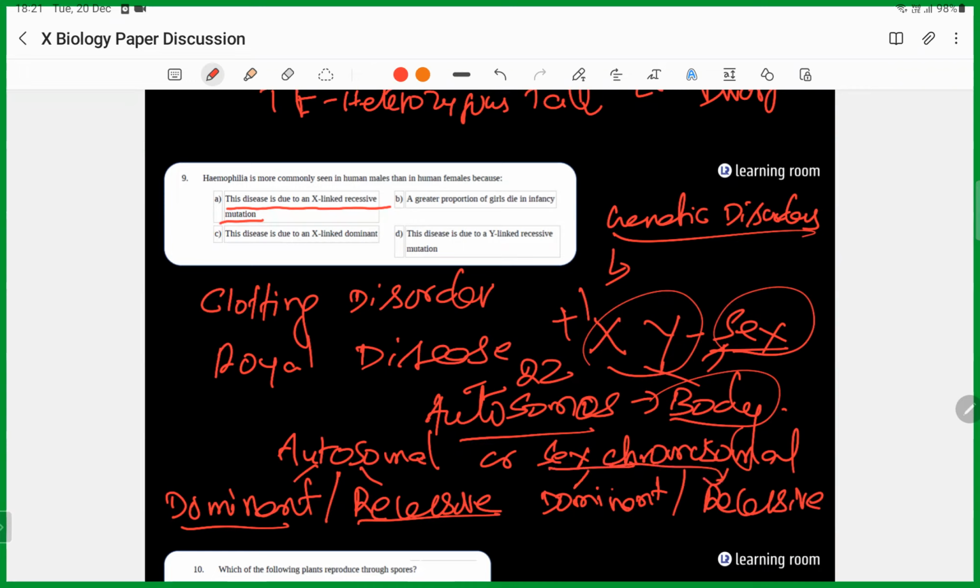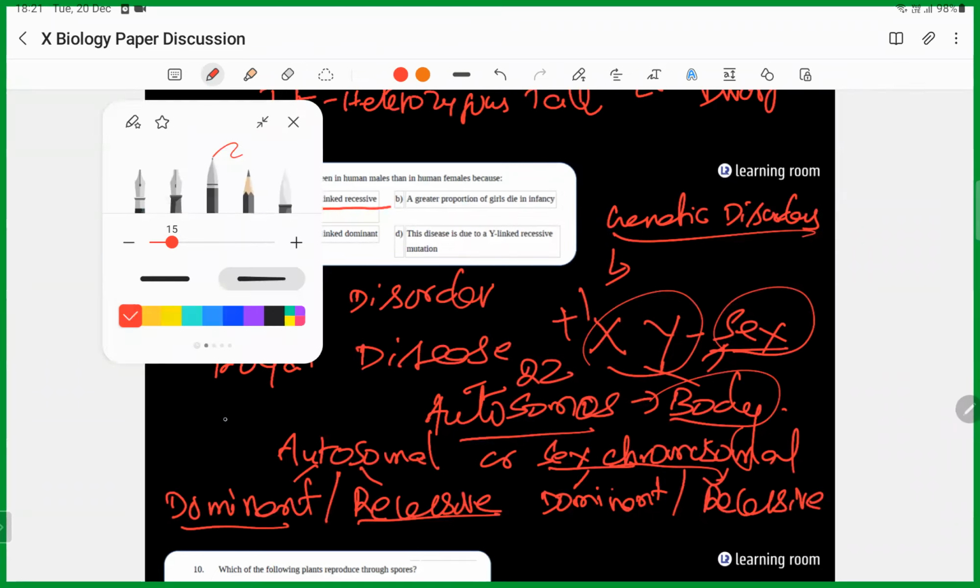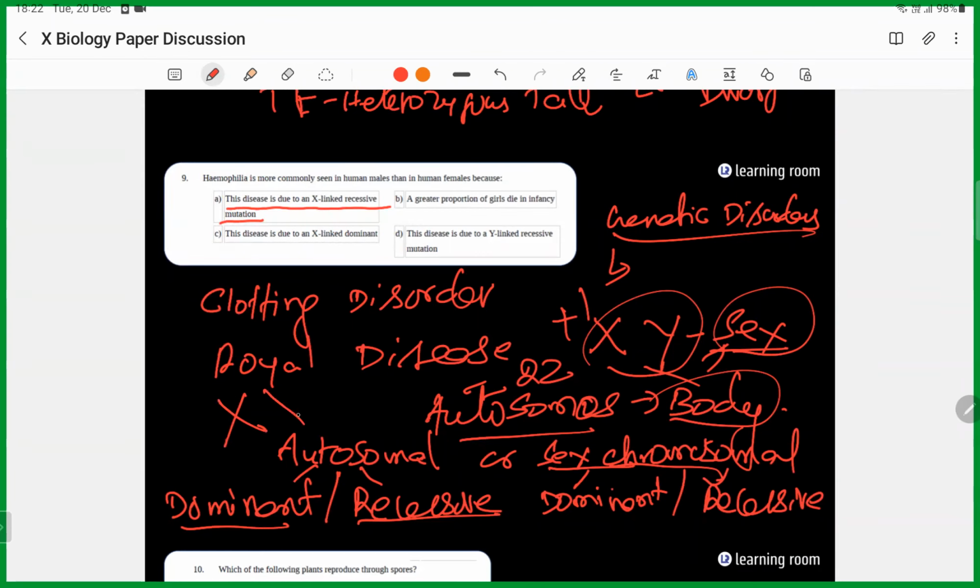Hemophilia, color blindness and similar diseases are not autosomal; they are X-linked. The defective genes are present on the X chromosome, so it is an X-linked recessive disorder.